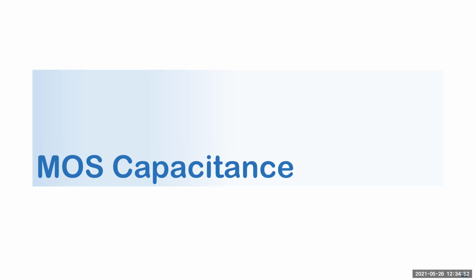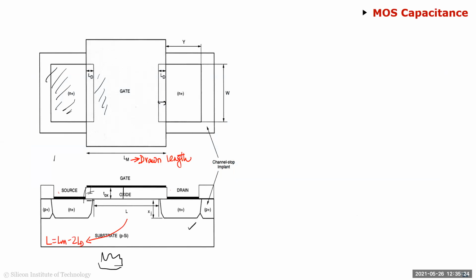I'm going to talk about the different capacitances in a MOS device. I think by now you've seen the biggest part of the capacitance, which is the gate to substrate or gate to source part of it. But there are other parasitic capacitances associated with the device, which play a big role, especially when you're looking at high performance, high speed circuits.